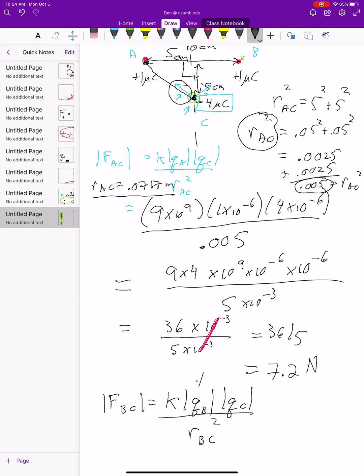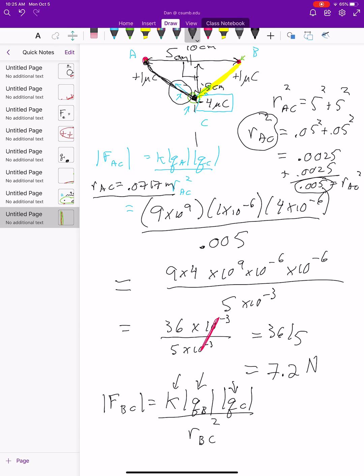QB is the same as QA, so it's going to have the same value. K, of course, is a constant. QC is the same charge we had earlier, so up top is identical. Now, because it's a symmetrical situation, the distance between my original charge up top, that distance that I'm drawing in yellow there, has got to be the same as the one that is in black right here.